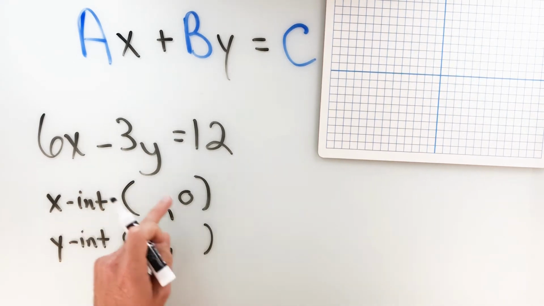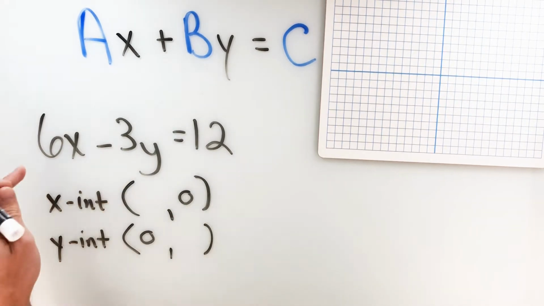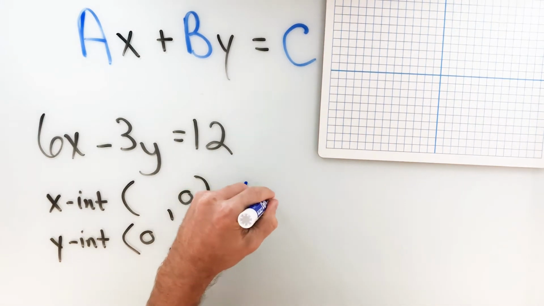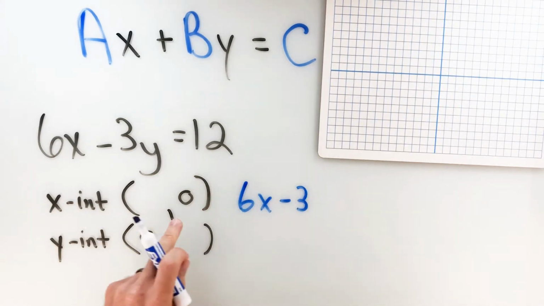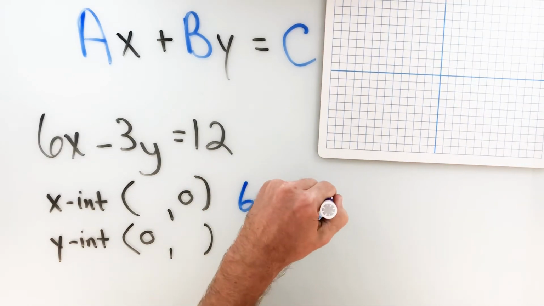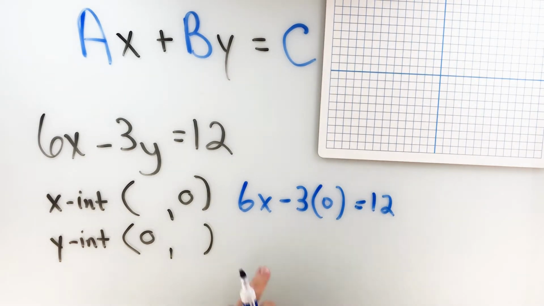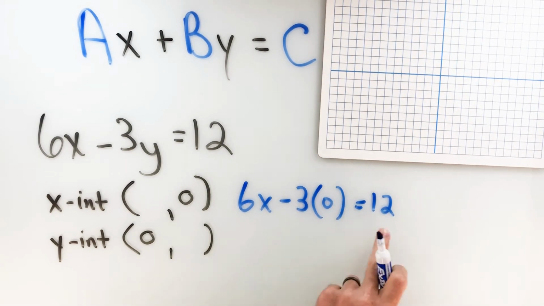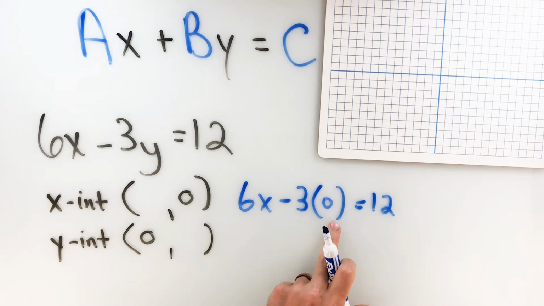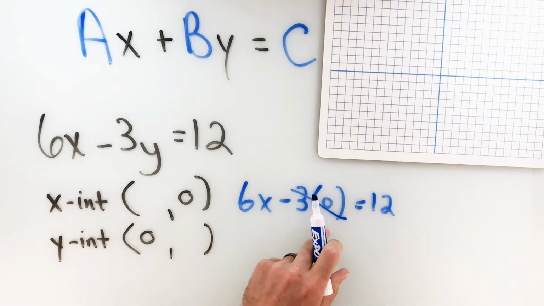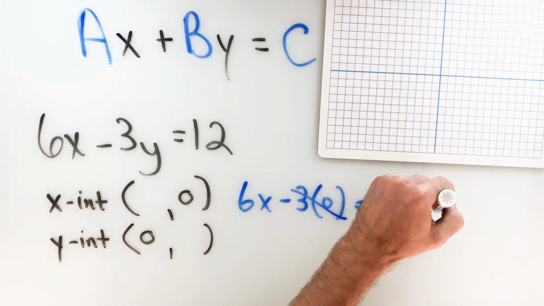So if my y-coordinate is 0, this equation becomes 6x minus 3y, where y is 0, so I'm going to plug in a 0 there, equals 12. So 6x minus 3 times 0 equals 12. Now minus 3 times 0 is just 0. So I've got 6x minus 0, or just 6x equals 12.